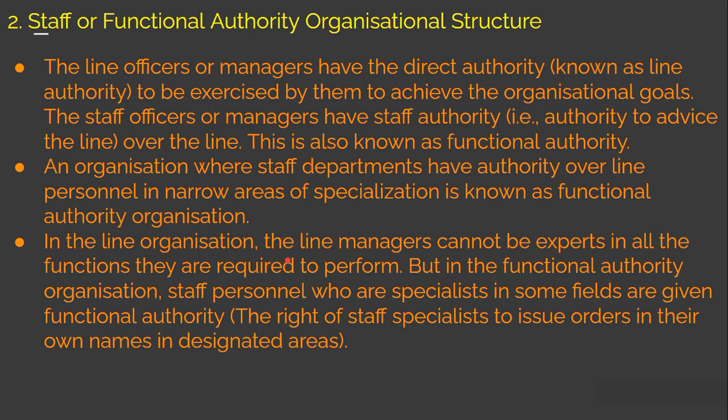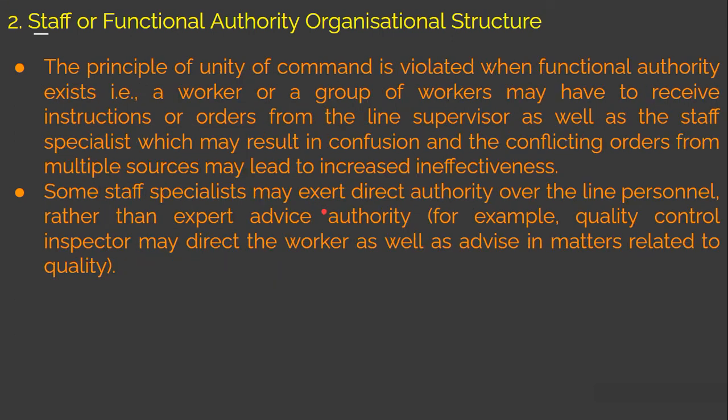So that is a functional authority organization structure which is more specialized than the line organization structure. So in a functional authority organization structure, the organization can get the benefit of specialization.